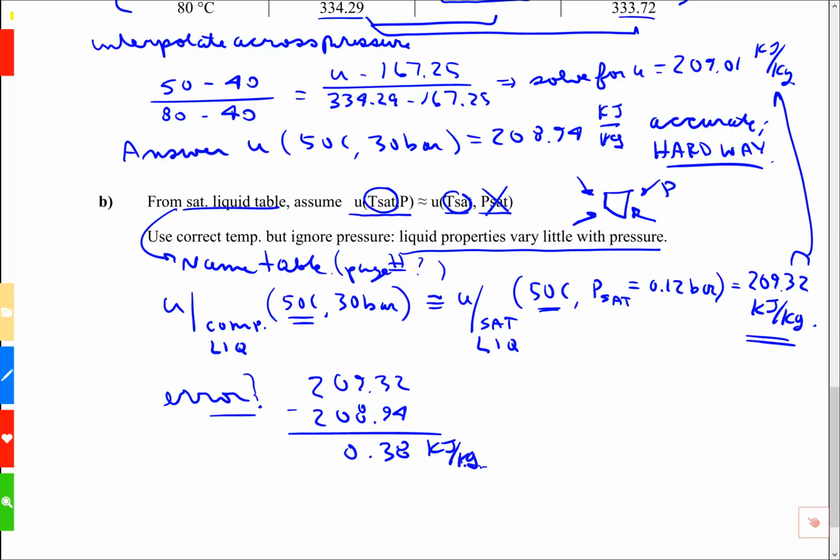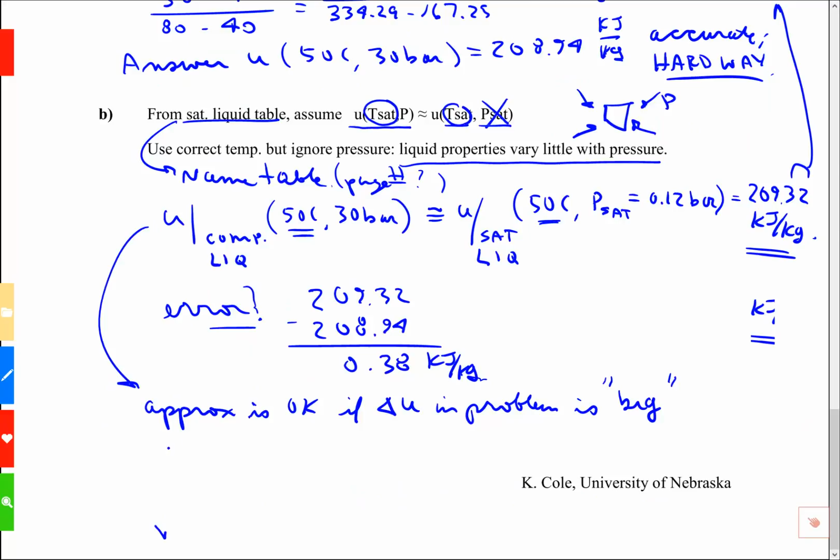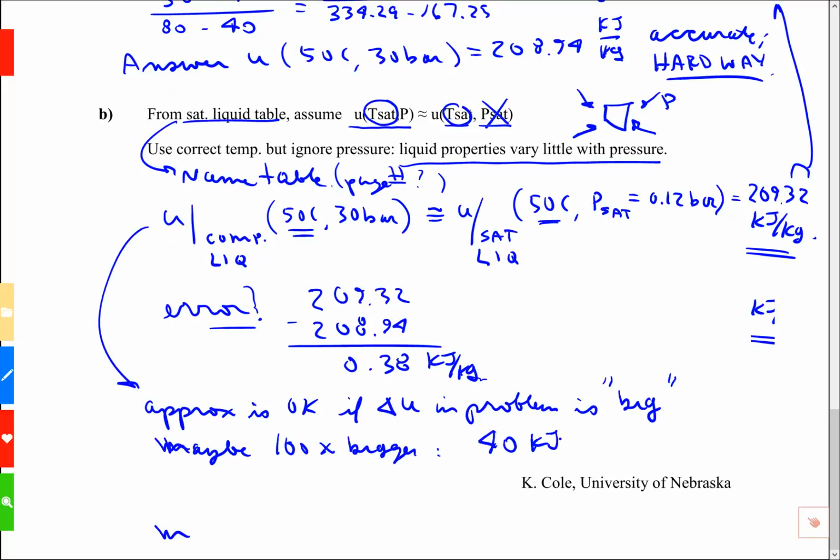Now, using this approximation, if the change in internal energy in your problem is much bigger, maybe 100 times bigger than the error, a hundred times bigger than that would be about 40 kilojoules per kilogram.